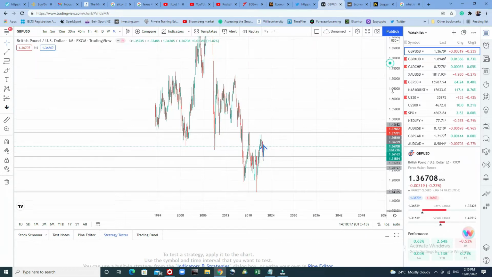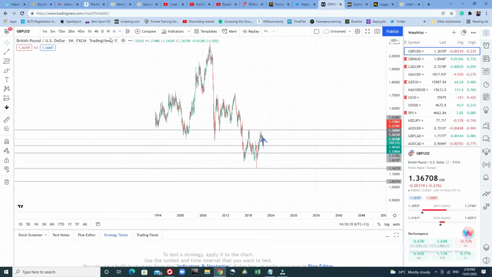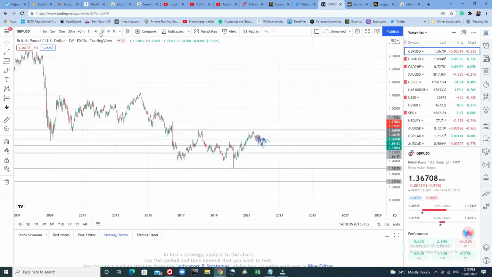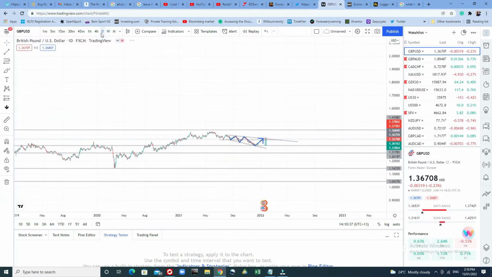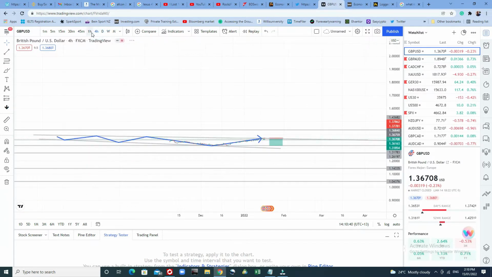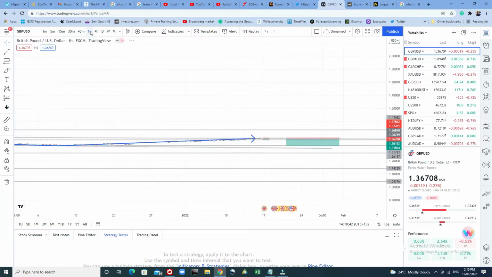What I mean is you first go to the monthly time frame, the highest time frame, and begin to analyze the market from the top to the bottom. And the bottom here is lower time frames. You analyze from the monthly time frame onto the weekly time frame, then onto the daily time frame, onto 4 hours and 1 hour, and just like that.